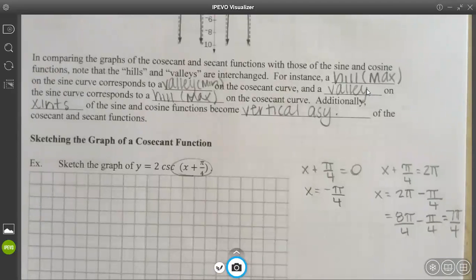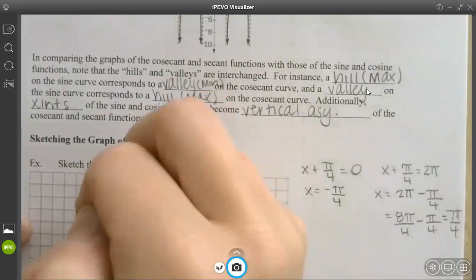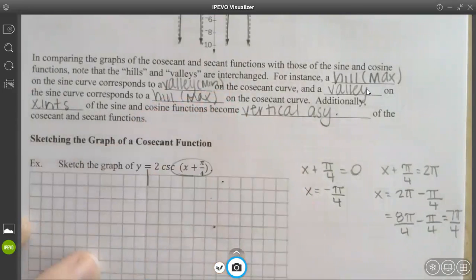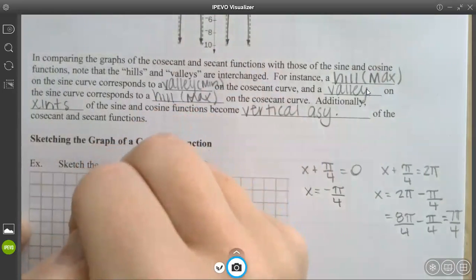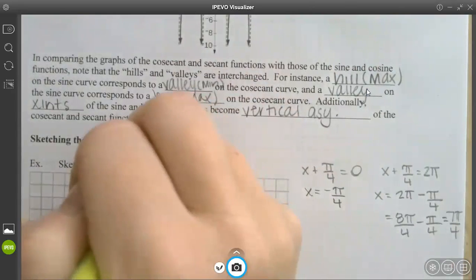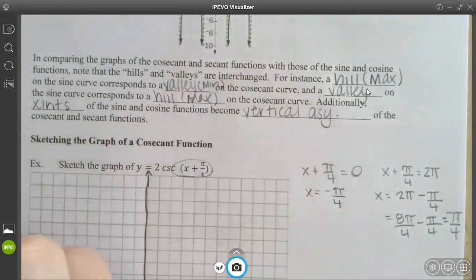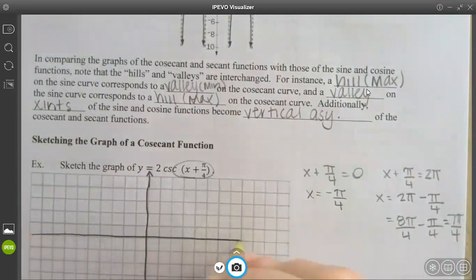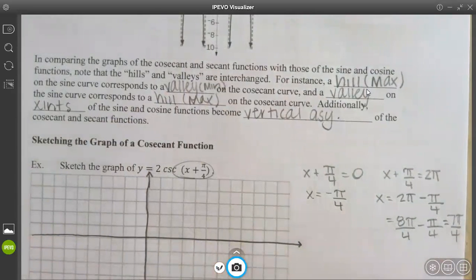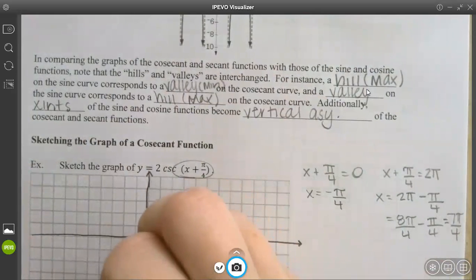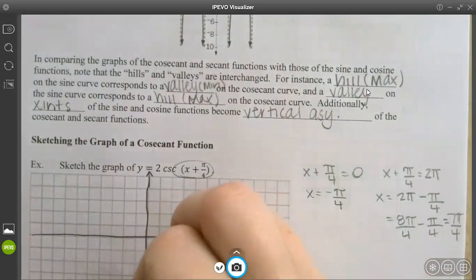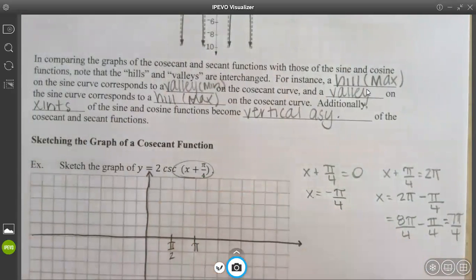You do the same thing for secant and cosecant. Go from the equal mark. And halfway. Each one we're gonna do as pi over 2.